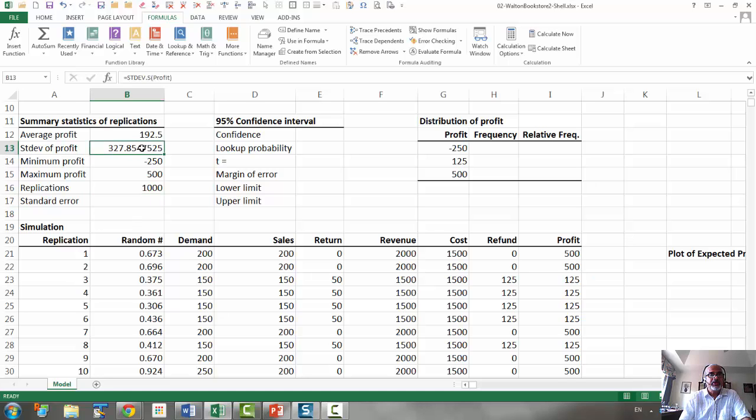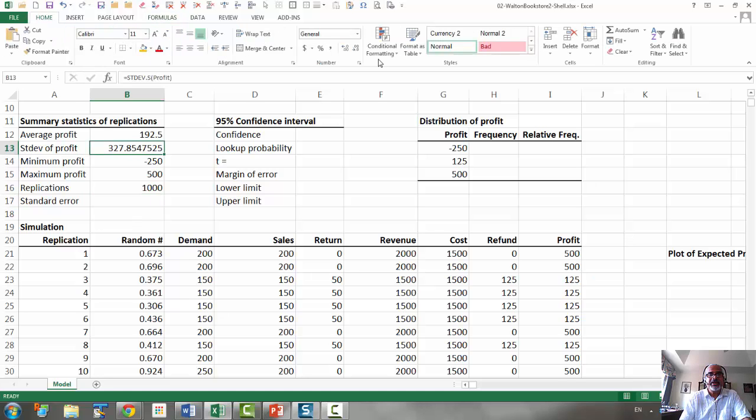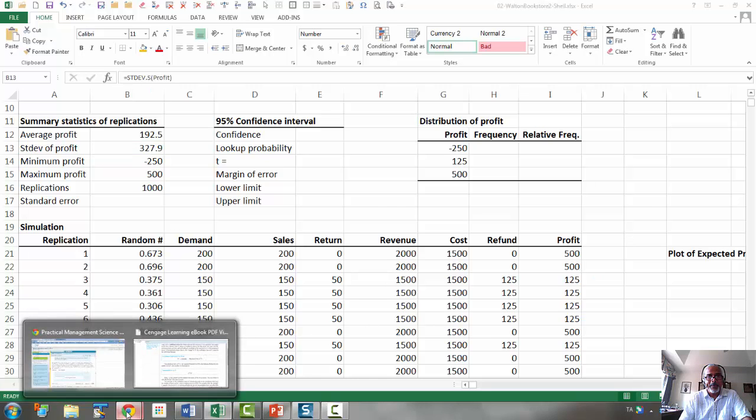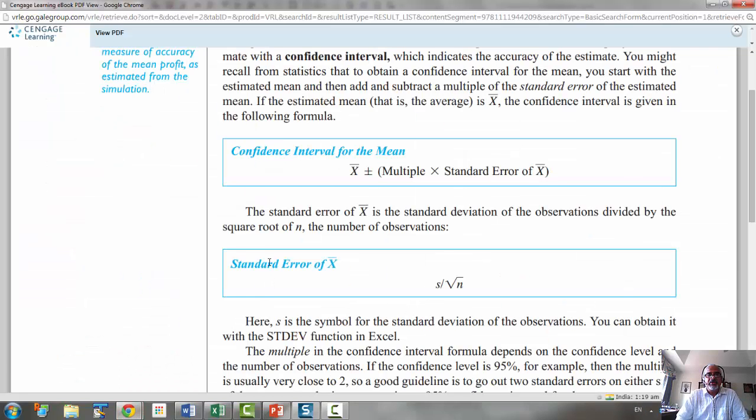Now the standard error, we need standard error for the purpose of developing the confidence interval. So let's look at what the confidence interval formula is like. The confidence interval for mean profit for us is x bar plus or minus a z value.